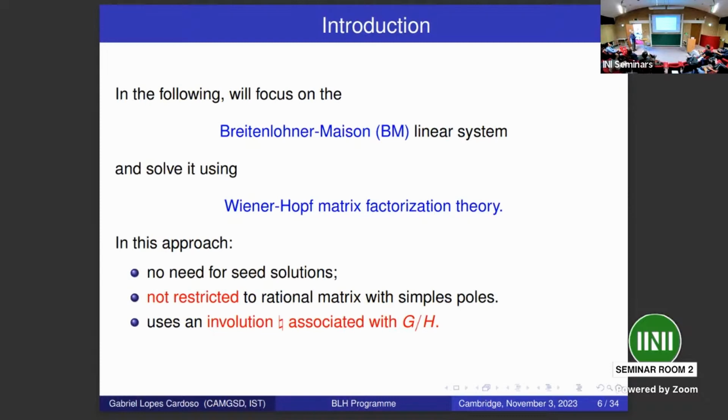I have not yet told you what this linear system looks like, but what we'll be seeing is that we can actually study this linear system by matrix factorization theory, and this matrix factorization theory is called Wiener-Hopf matrix factorization theory. And so I will now in the following try to explain all these words.